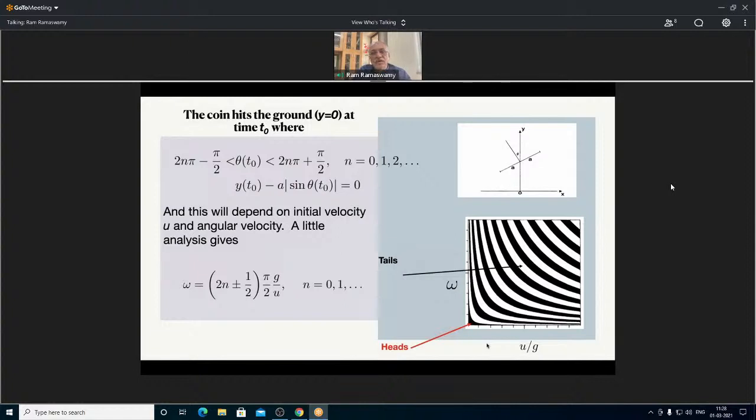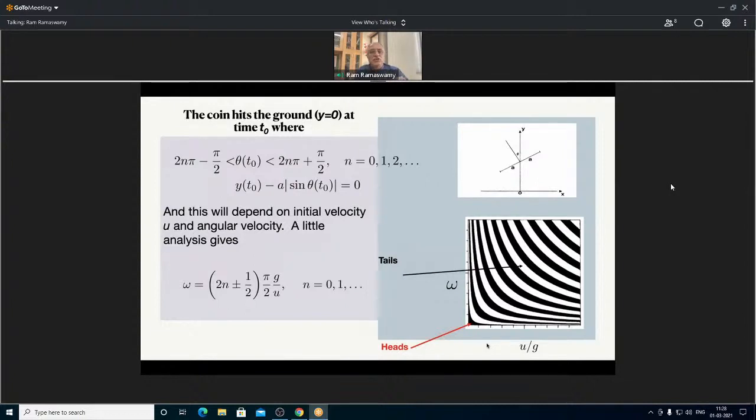So whether it's going to be heads or tails is going to depend on which angle it made with the ground. That angle is going to depend on the initial velocity and the angular velocity. So you do the analysis, or even simpler, you go and read Keller's beautiful little paper. And the analysis is straightforward.